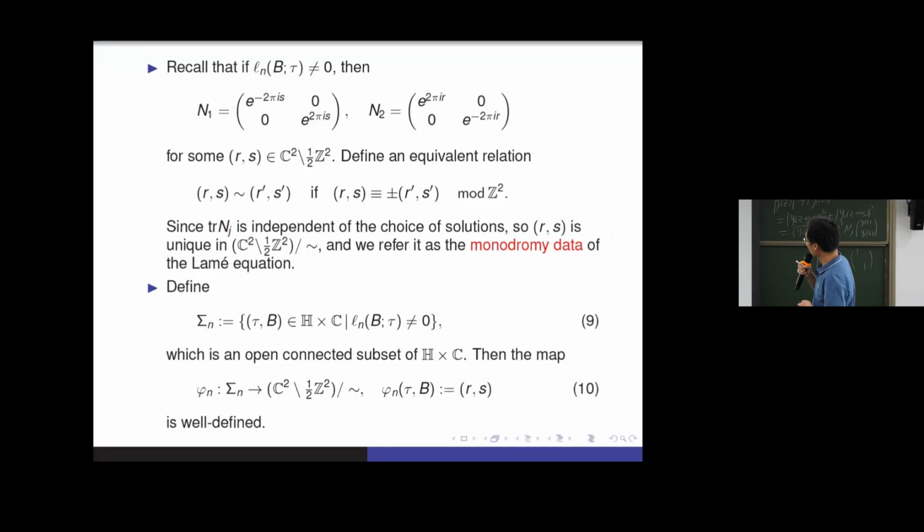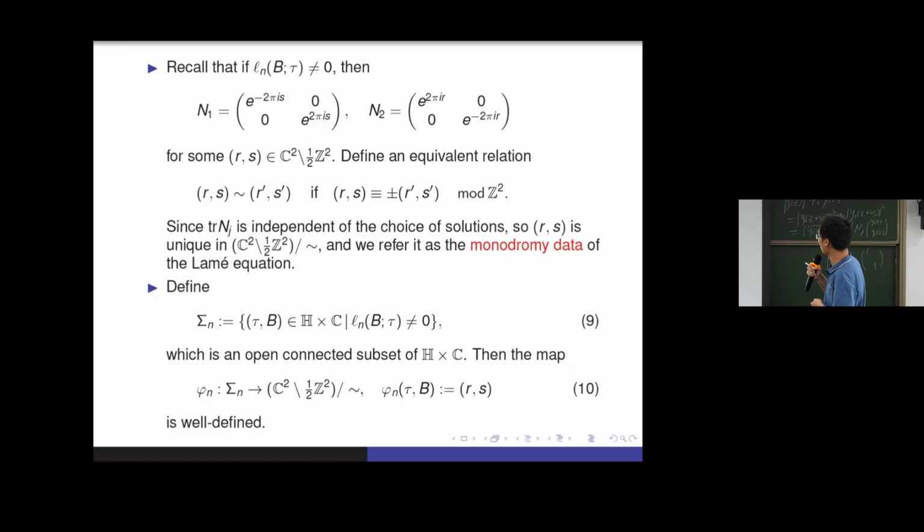Now let's turn to the case that N1, N2 can be diagonalized simultaneously. Then N1 can be expressed in this way and N2 in this way. So there are two parameters, R and S. R and S cannot be half integers. Of course, R and S are not unique.